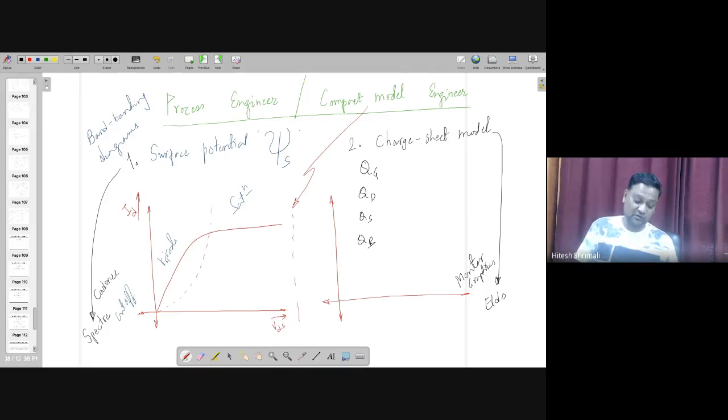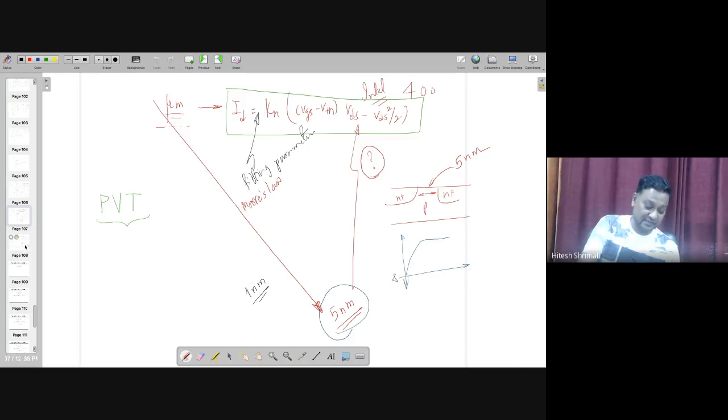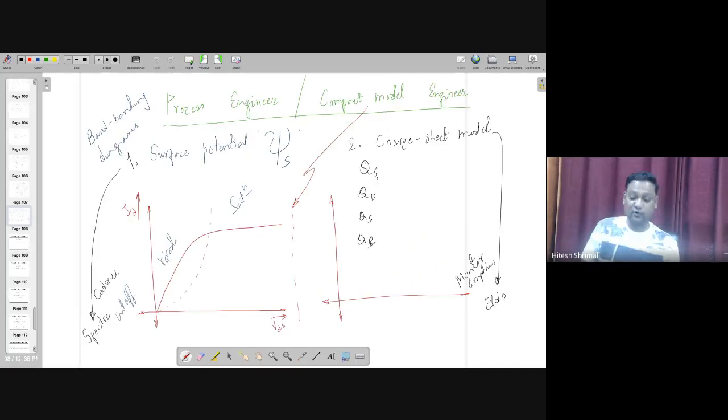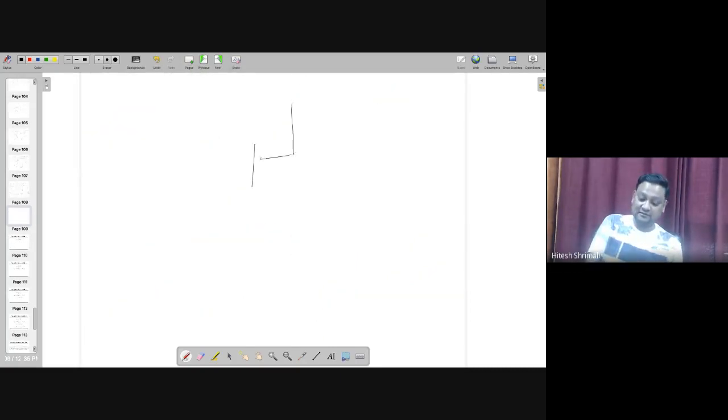When you say you are running the BSIM Spectre simulation, you are using the surface potential approach, whereas if you are using Aldo, you are using the charge sheet model equation. So internally, this is what is happening. These models are written there, and they are used to find the values of all these things.